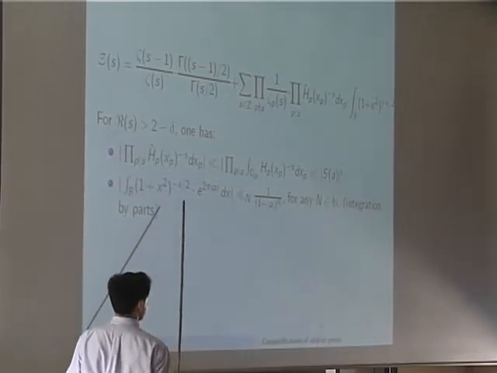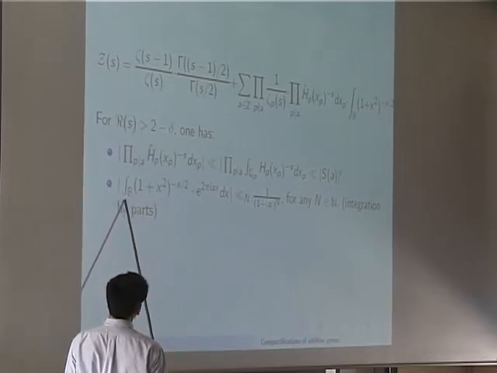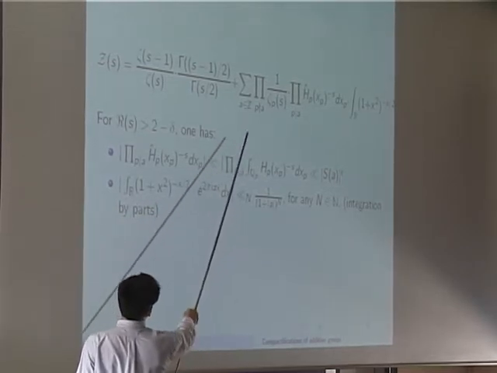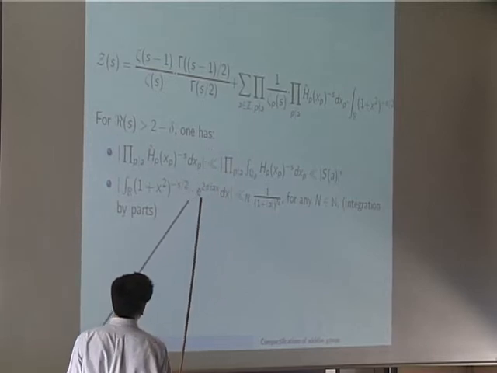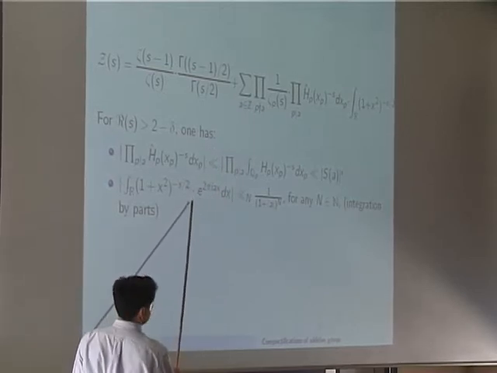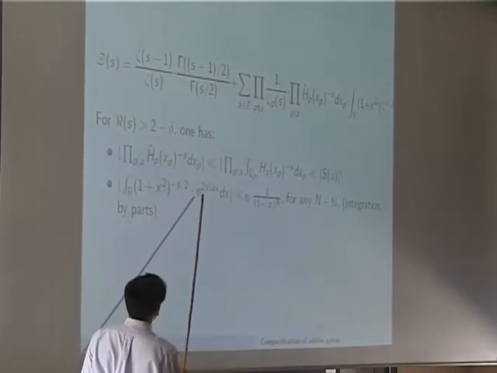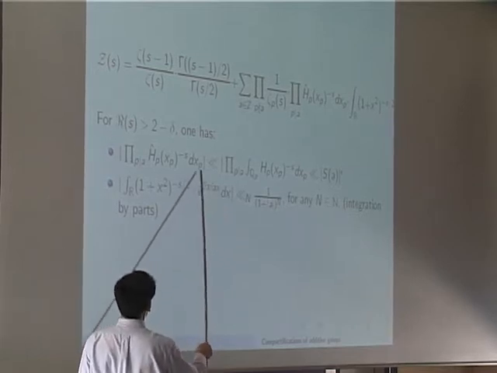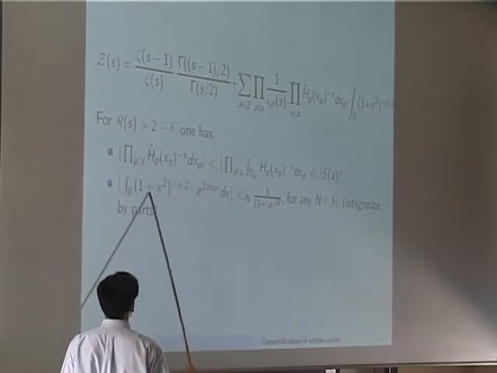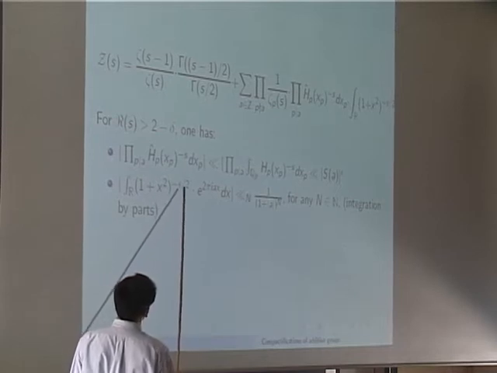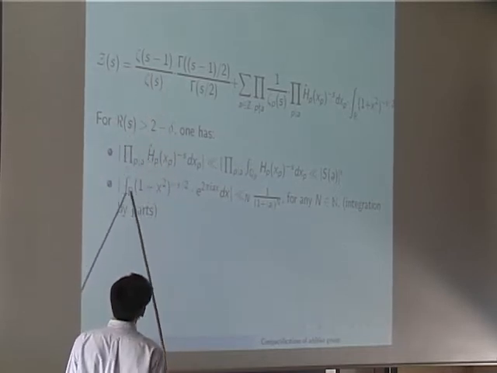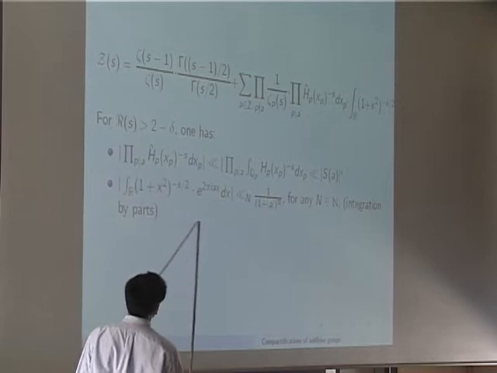It's not significant, but it depends on a. Now, to get convergence of this sum, we need to do integration by parts, like you do in Fourier analysis. So this goes into here, then you take the derivative of that, and it turns out that for s in the neighborhood of 2, what's left is going to be convergent.